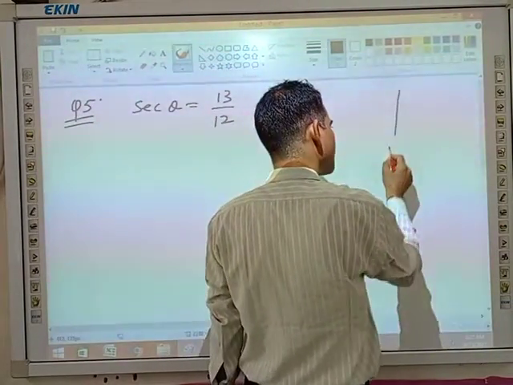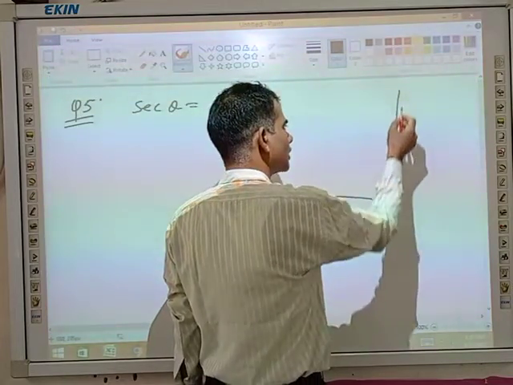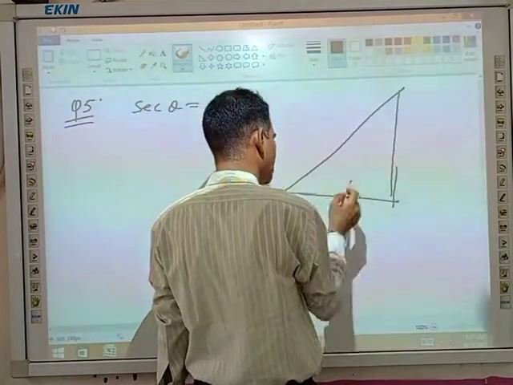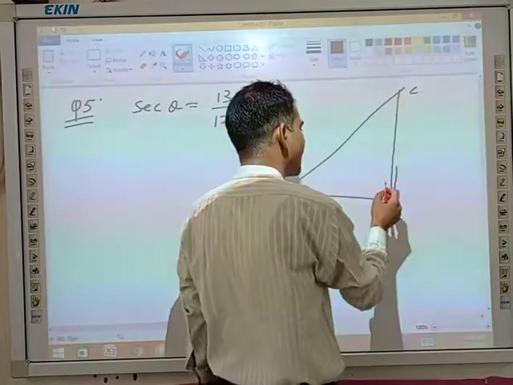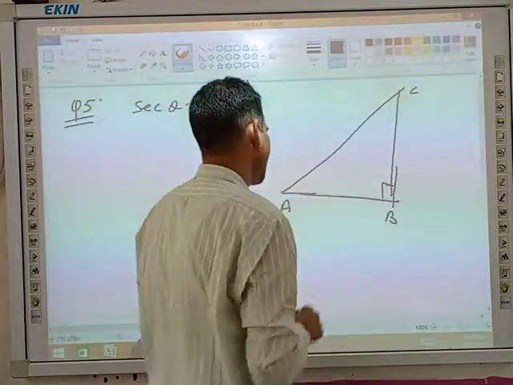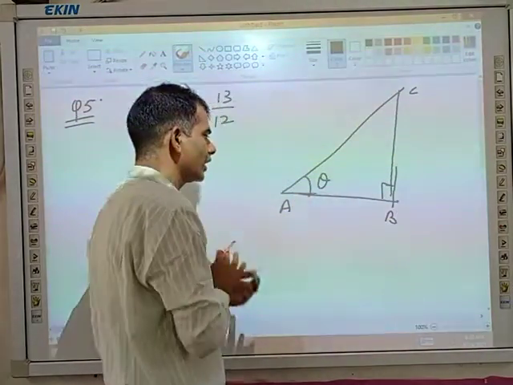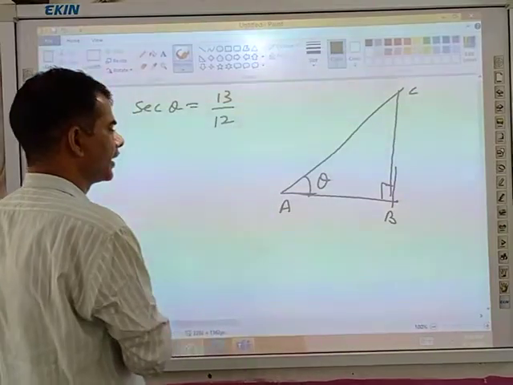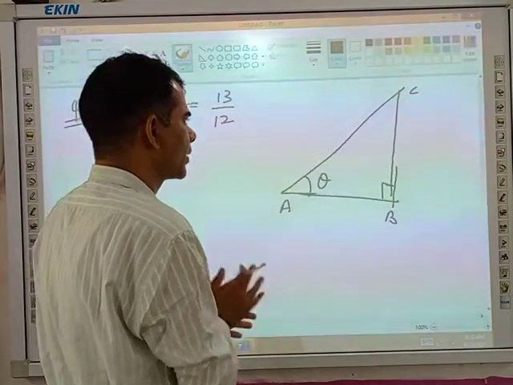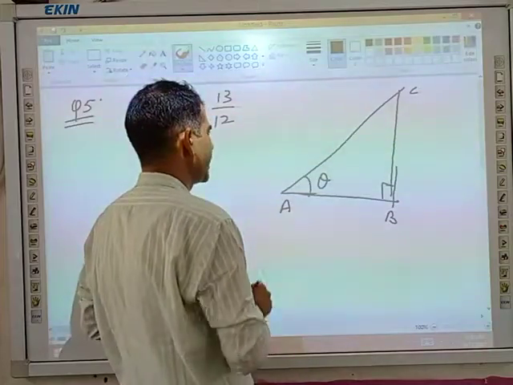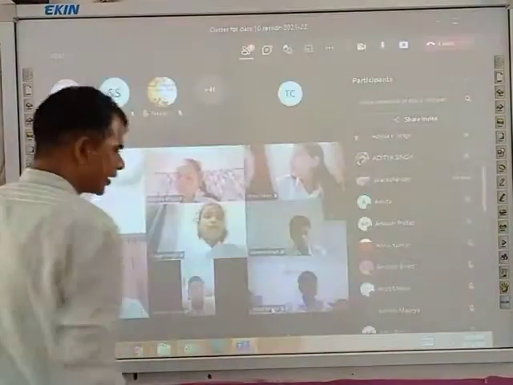It is a right angle triangle, A, B and C. I will guide you that please consider angle A as theta. If you consider angle A as theta, your base becomes AB, perpendicular becomes BC, and hypotenuse becomes AC.